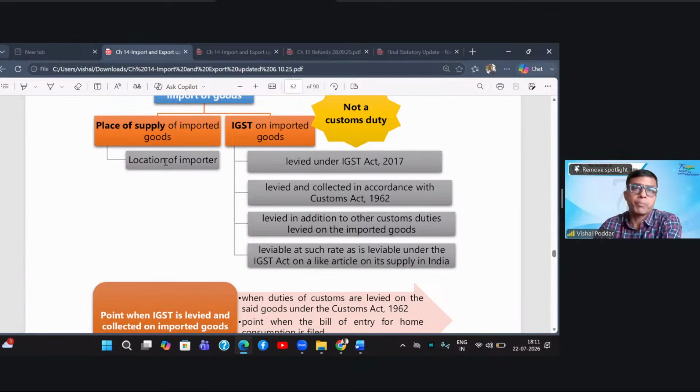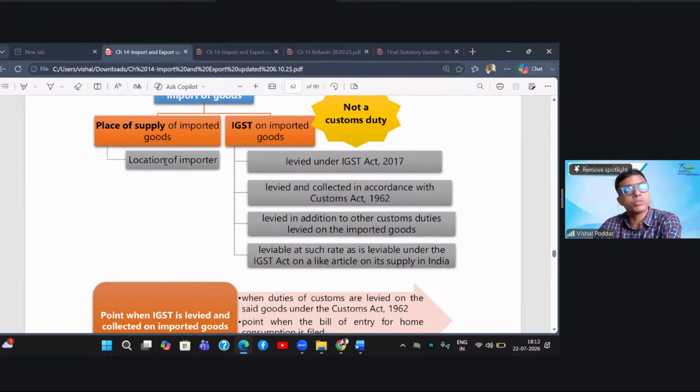Interestingly, even though the goods may be cleared at the Bombay port, but since the importer who is a registered business is from MP, the place of supply of this import of goods would be MP, even though the goods have landed at Bombay port and are cleared there.